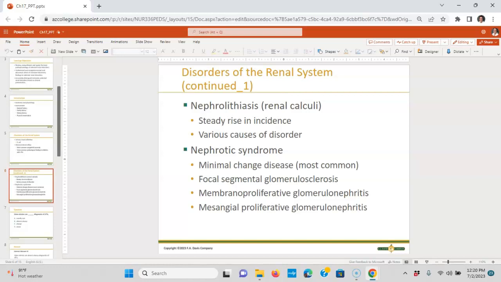And females are at a greater risk than boys. So kidney stones in pediatric patients tend to present as abdominal, flank, and back pain, hematuria, UTI, poor feeding, renal failure, nausea, vomiting.